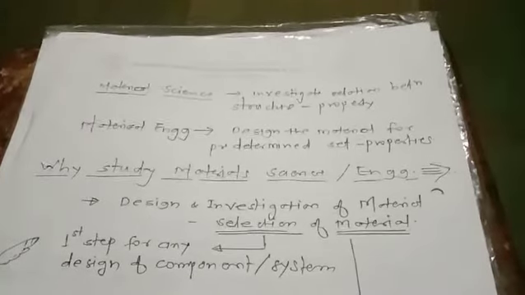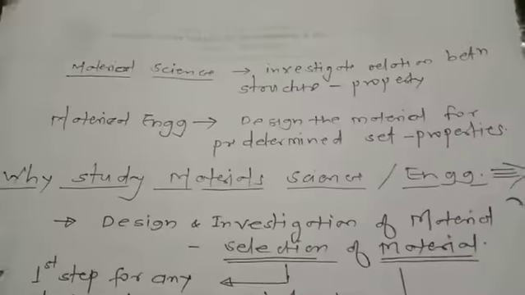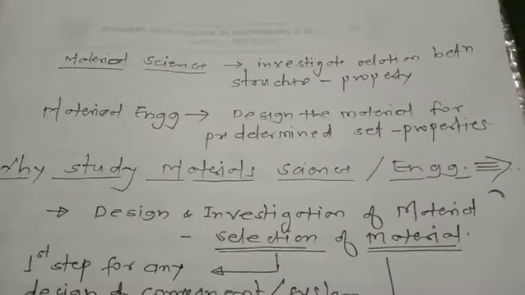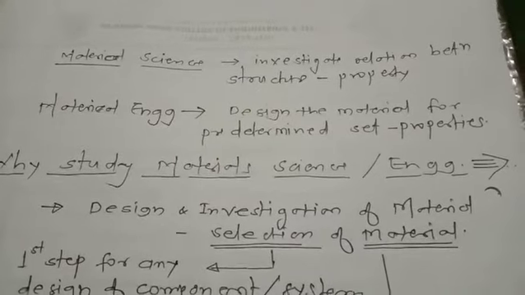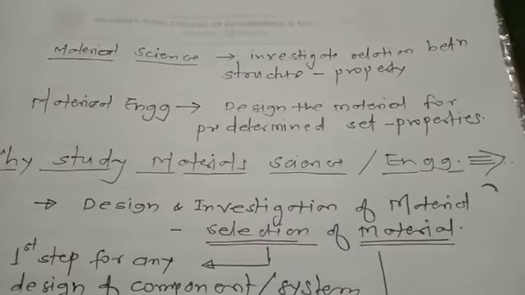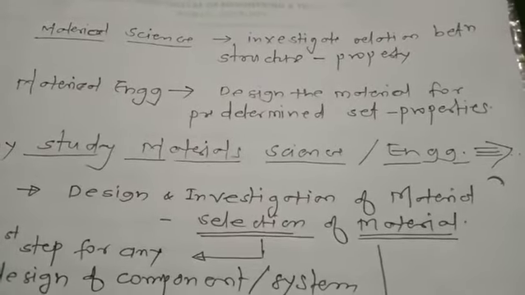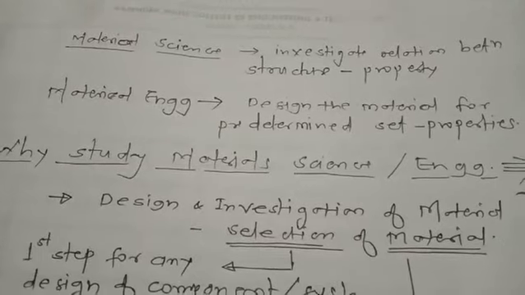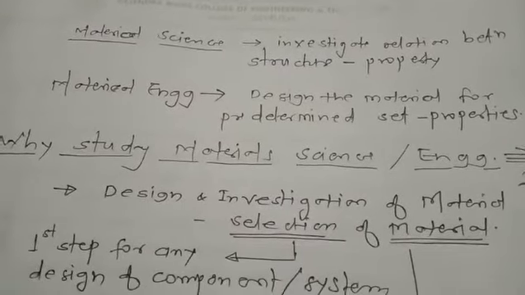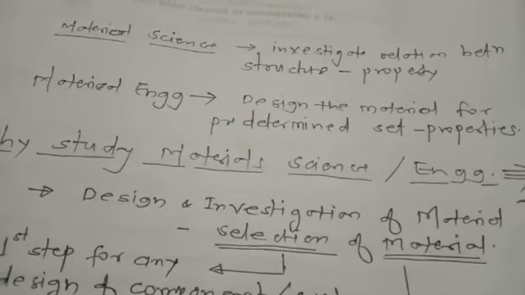Then two important ones: first is material science and second is material engineering. So material science is what? In material science, the main aim or motto is to find or investigate the relationship between structure and properties, right?